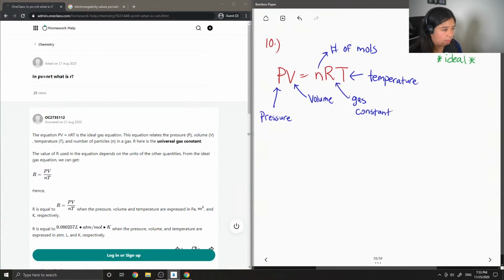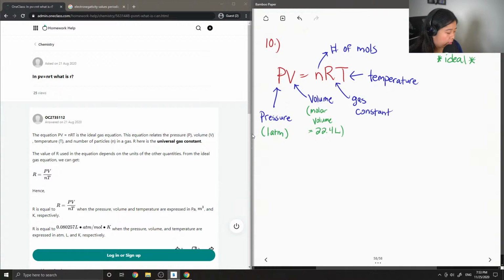So ideally, pressure is 1 atm. Volume will be equal to something we call molar volume, which is 22.4 liters.